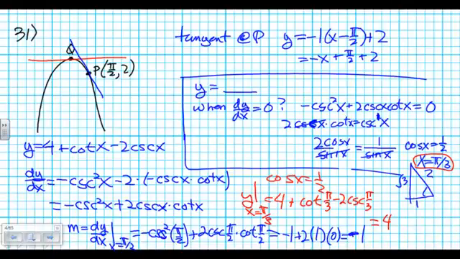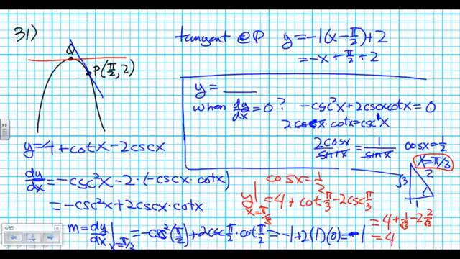adjacent over opposite. That is 1 over root 3 minus 2 times cosecant. Cosecant is hypotenuse over opposite, which is 2 over root 3. Can I clean that up at all?